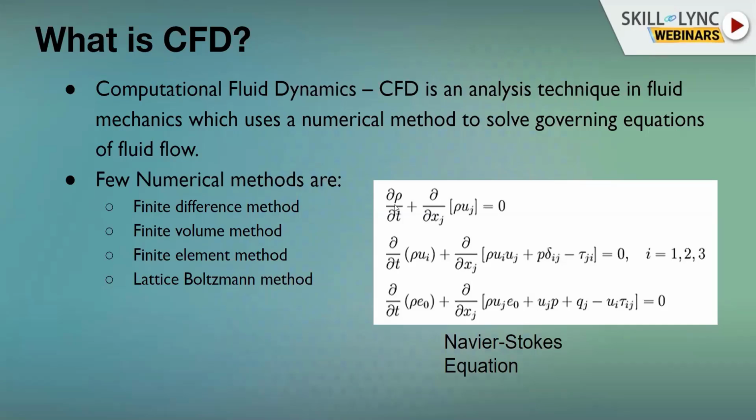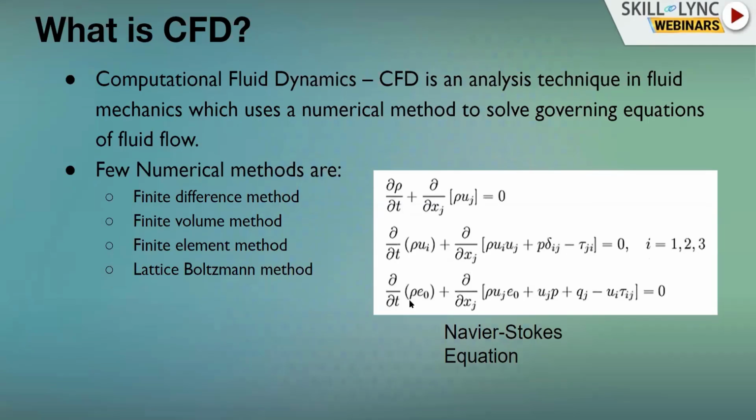The lattice-Boltzmann method is the one which uses a particle concept from kinetic theory. You might know the kinetic theory of gases, and they try to solve the collision of the particles and get the solution. It's a completely different approach, which is also a kind of solving the Navier-Stokes equation, but not the direct one.